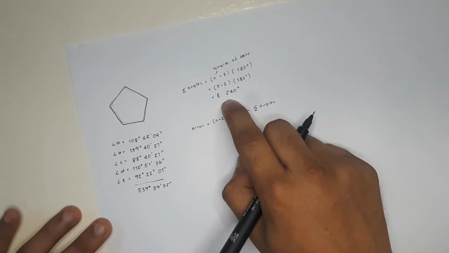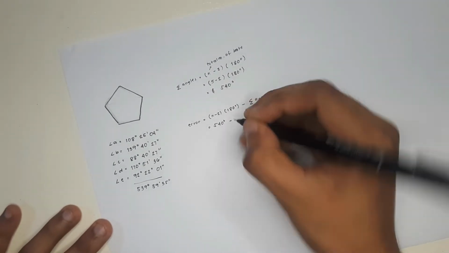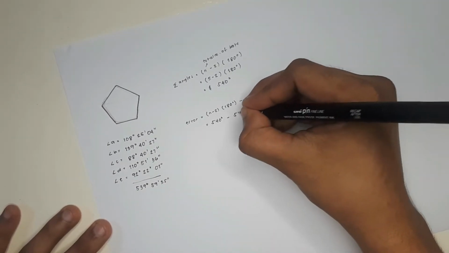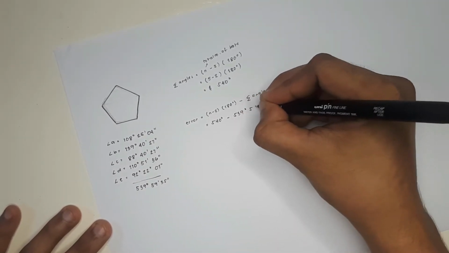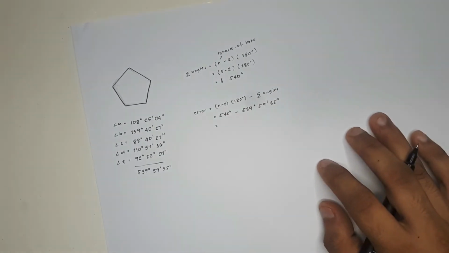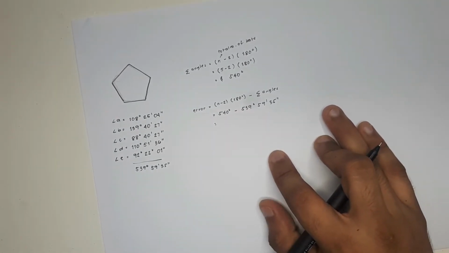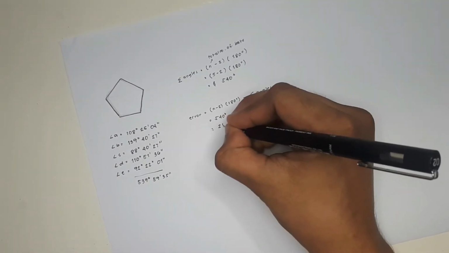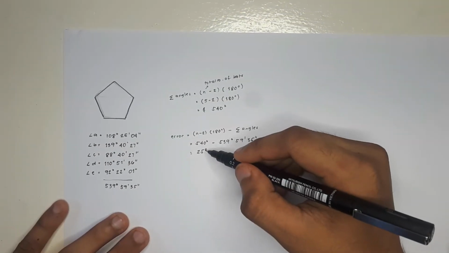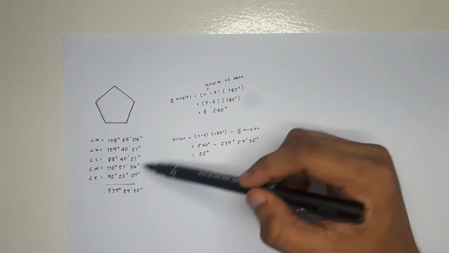Our total degrees is 540 degrees minus this, because this is our summation of all angles, 539 degrees, 59 minutes and 35 seconds. Use again your scientific calculator to calculate this, and this will give us 25 seconds. This 25 seconds here is our error.